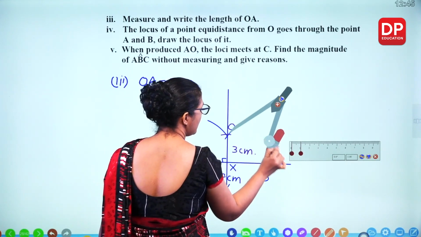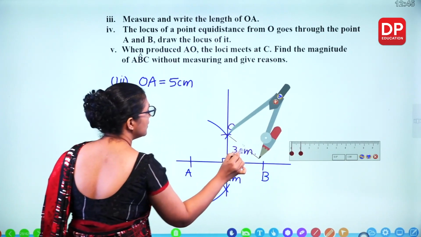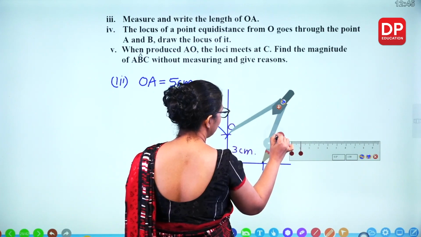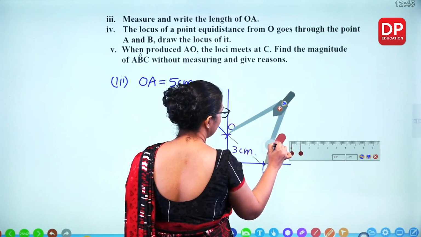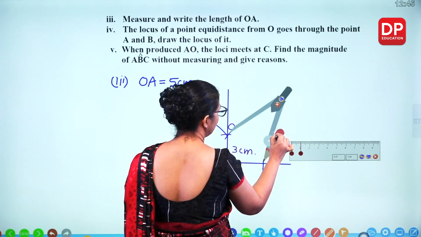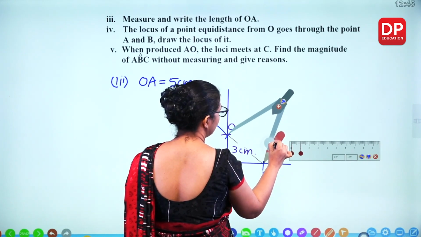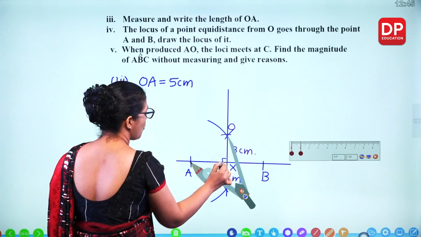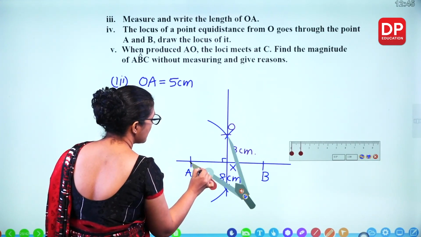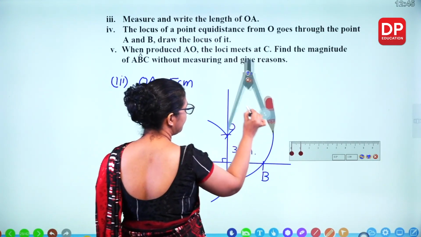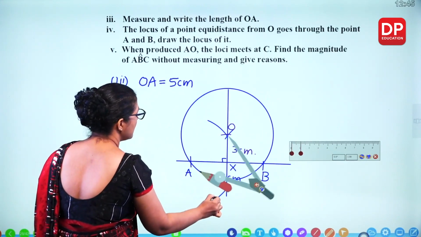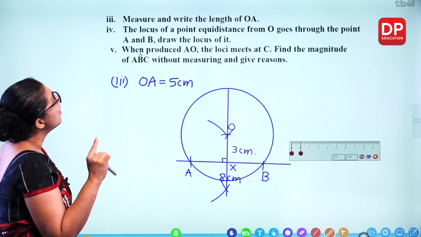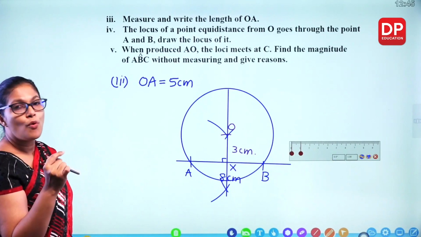So now you can draw the circle. So that's the locus of a point equidistance from O.